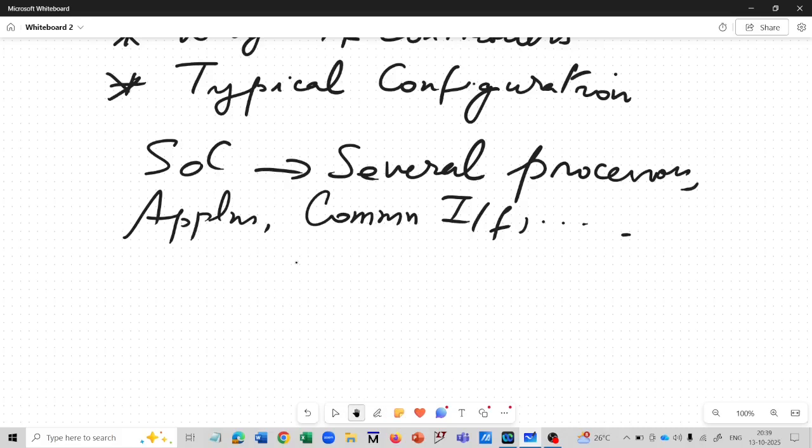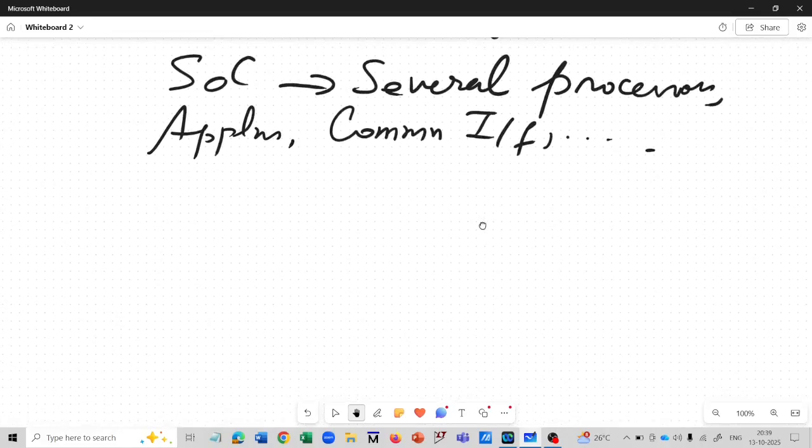So one of the important aspects of SoC design is to understand how to interface a specific device to a processor. Now, why are we so concerned about this aspect of chip design?